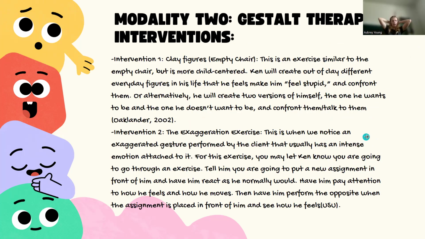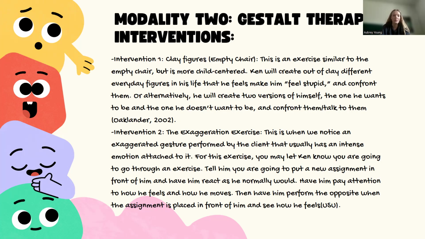So intervention one, I took from a video on psychotherapy.net. It's very similar to the empty chair technique that we see a lot with Gestalt therapy, but it is done with clay figures. So this is an exercise similar to the empty chair. It's more child-centered. Ken will create out of clay different everyday figures in his life that he feels make him feel stupid, and he will confront them.